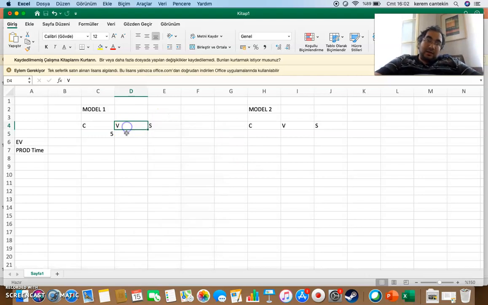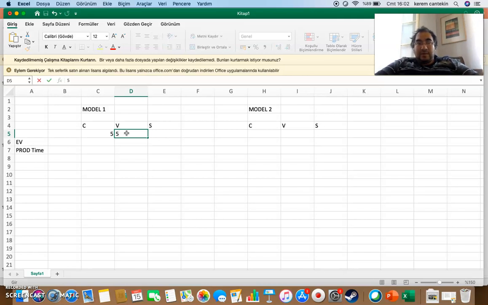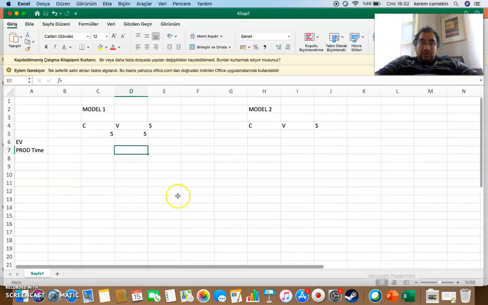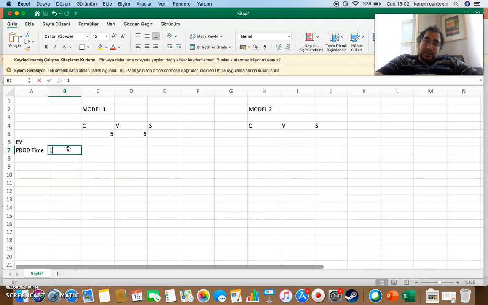So wages basically show the value of the variable capital, which means the value of variable capital V is also 5. Here the unit is labor hour, by the way. And we know that the production takes 10 labor hours. So here is a trick. If production of the table takes 10 labor hours, just think Ricardo. If the inputs before the production are worth 5 labor hours, that means the value of the table is 5 plus 10.